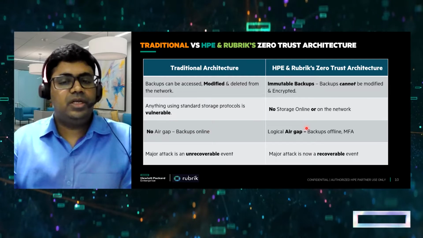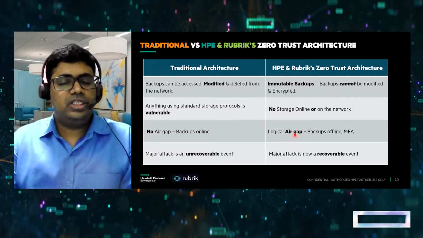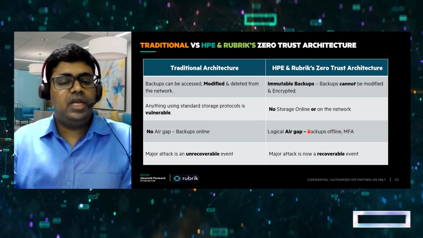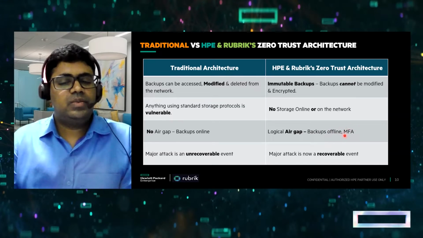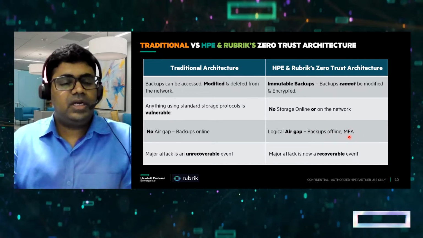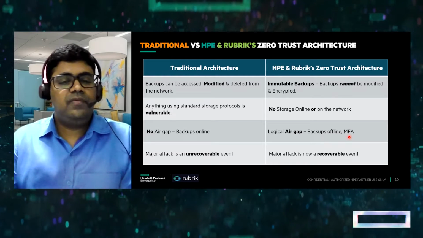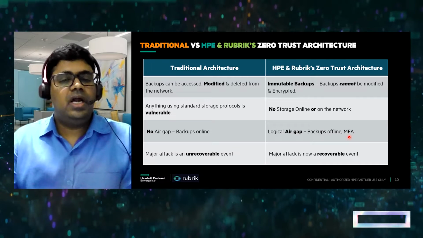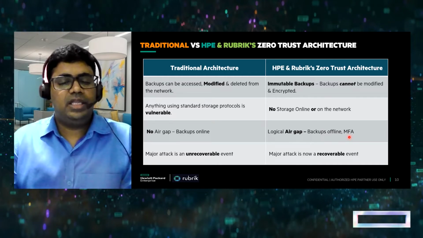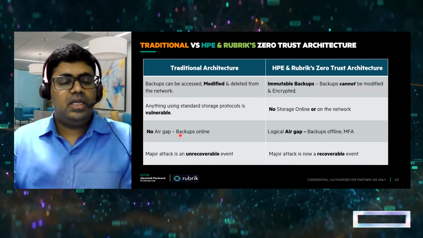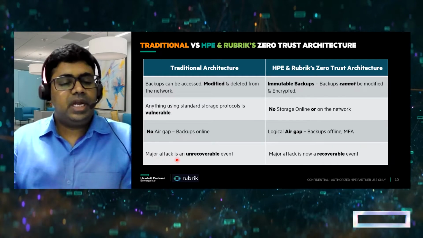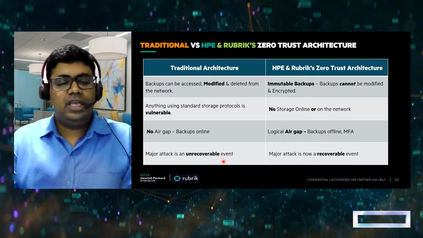But when it comes to the zero trust architecture, with a logical air gap, backups are offline, and can be accessed only with multi-factor authentication, or in some scenarios customers may use certificate-related authentication, and they can use TLS-level authentication.